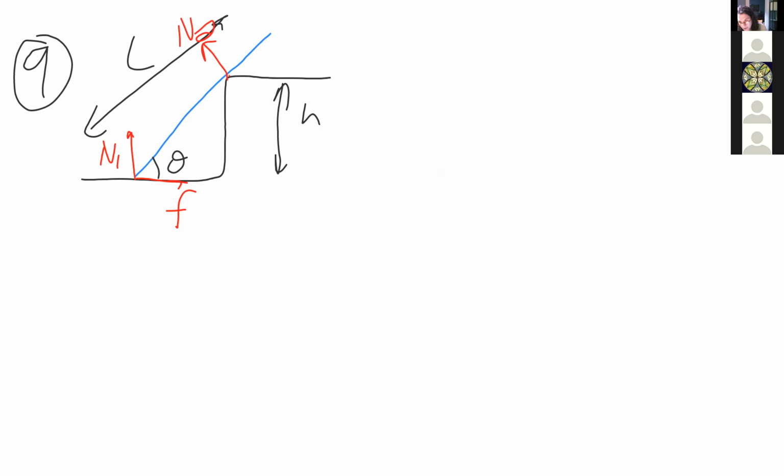So ideally, hopefully we can ignore that guy as well. And then the other thing we have is, since there's a weight for the plank, there will be a weight associated with the center of mass of the plank. And we are ultimately asked to solve for the coefficient of static friction with the ground.